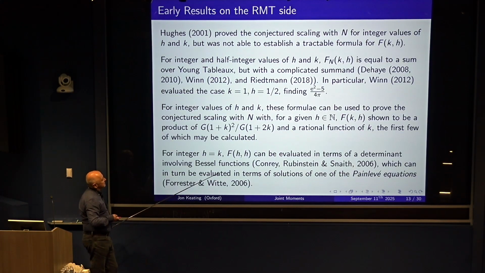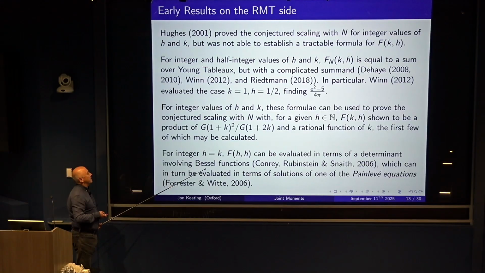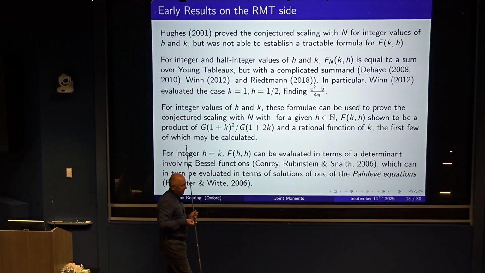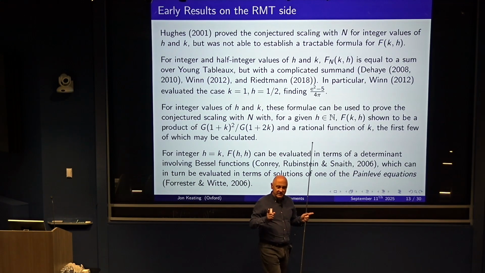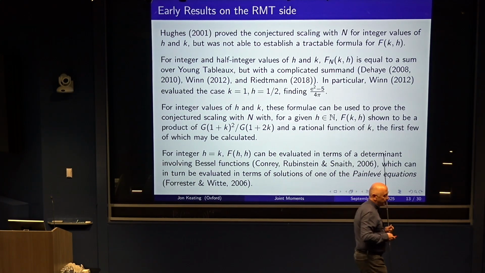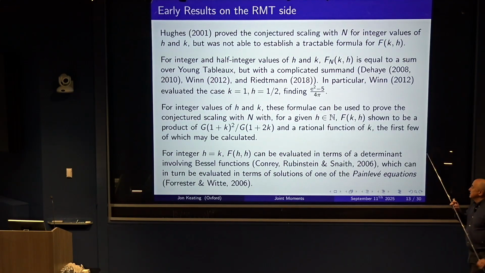There is one case that was studied in some detail, and this goes back to work of Brian Conrey, Mike Rubinstein, and Nina Snaith. That's the case when h equals k. So in this case, you're really just looking at the moments of the derivative. These are not the joint moments, they are the moments purely of the derivative.